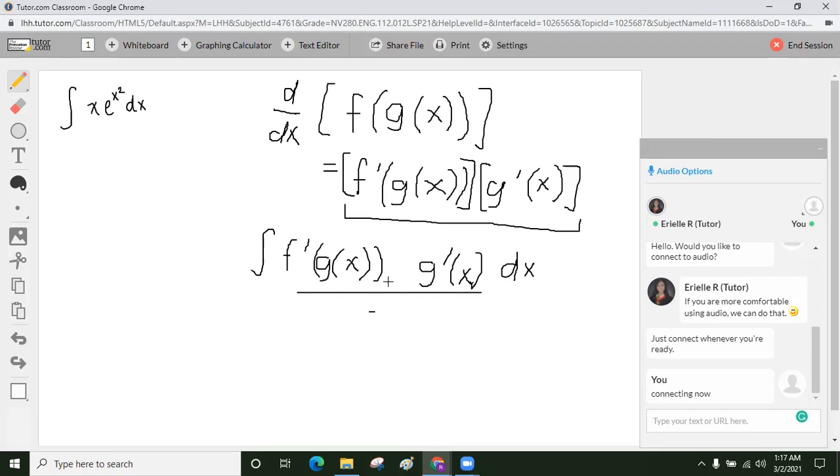Oh yeah, so we did the chain rule right here, and then the u-substitution will be used to, let's say, undo the chain rule that we have. Okay. After this, let's give you an example so as to further demonstrate. Sure. Is that okay? So we want to undo the chain rule.